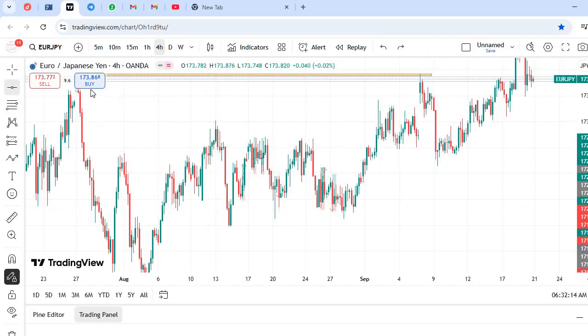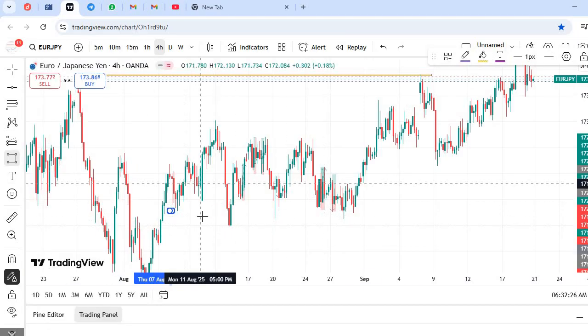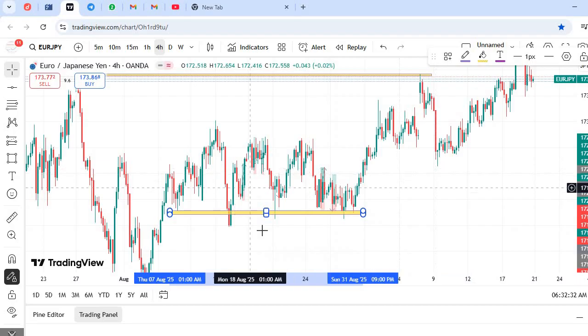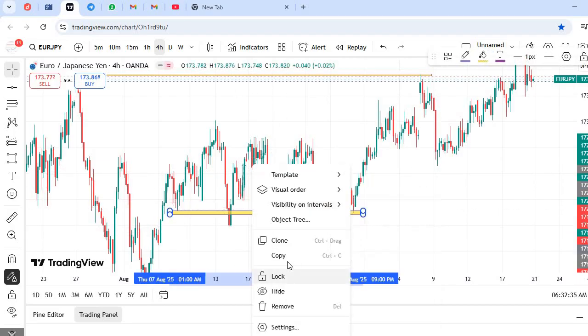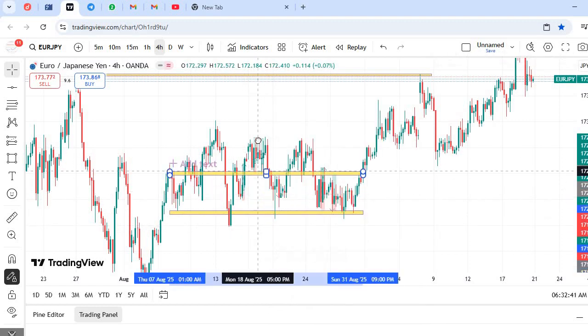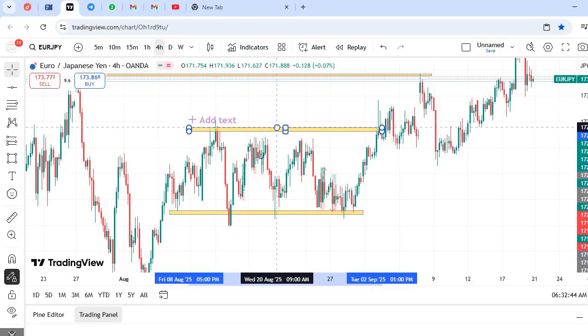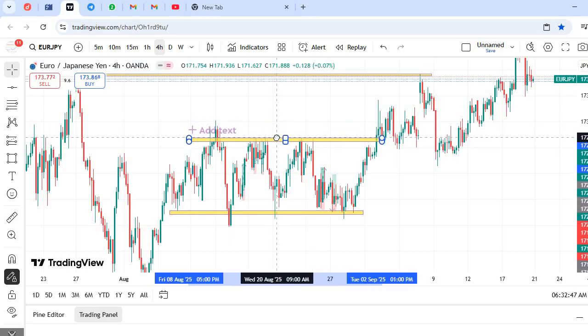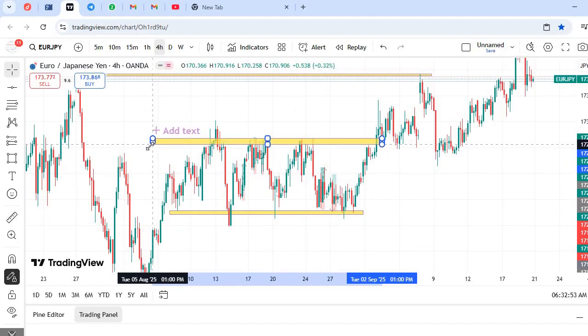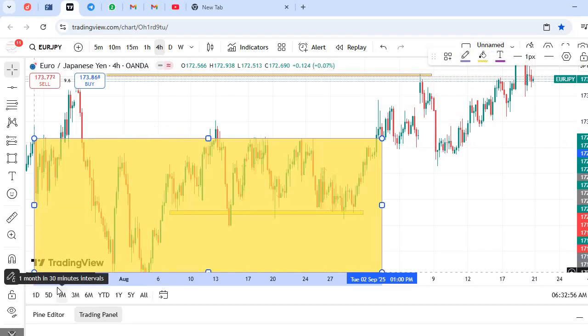Let me use the shorter. So I want to buttress what I just explained to you, so that you know that these are the things that are happening in the charts.